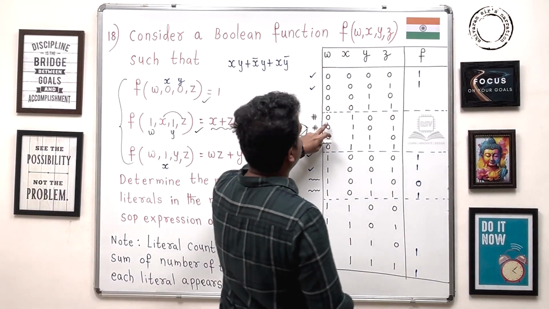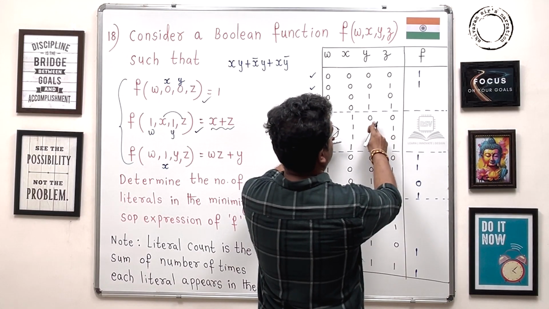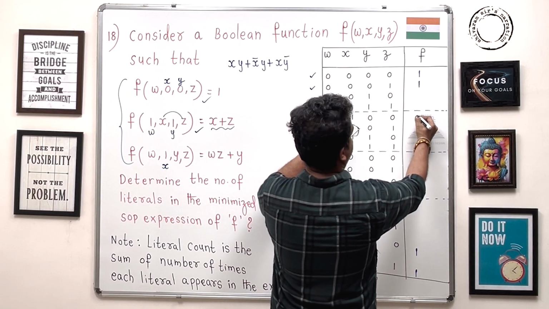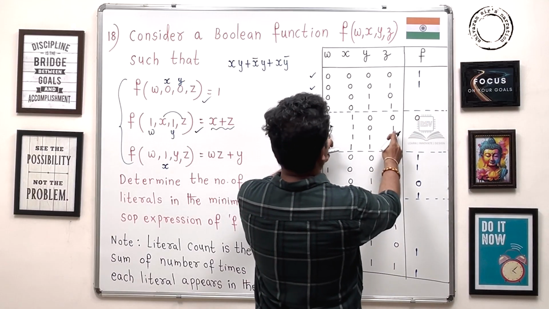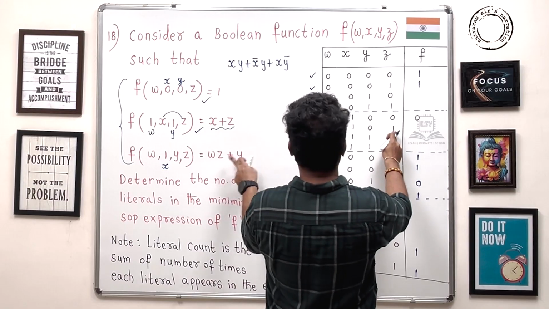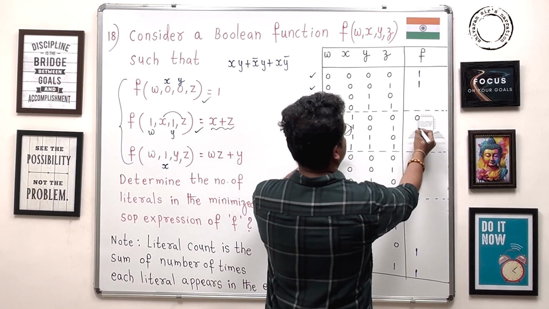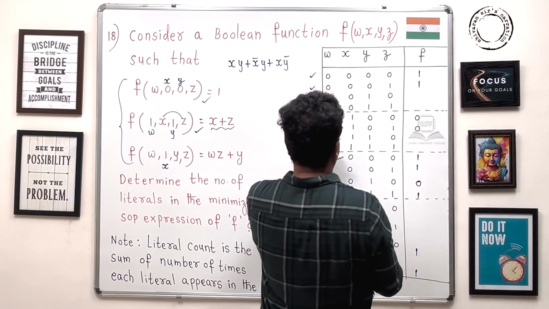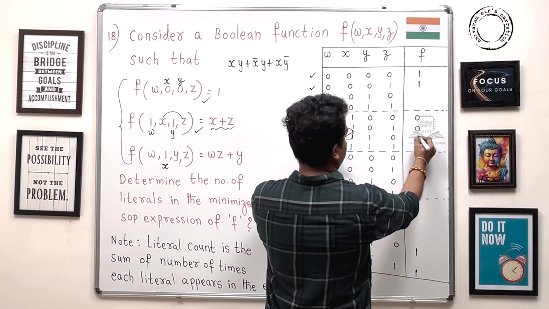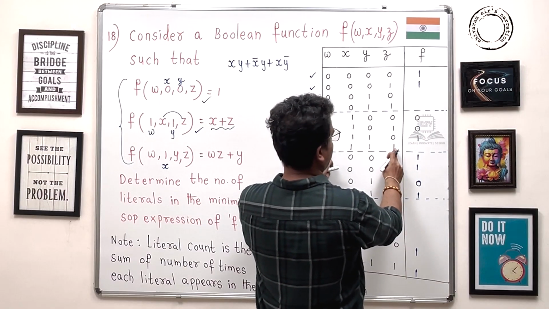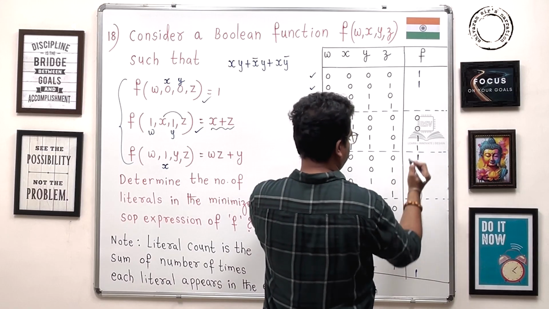So here wz: 0 into 0 is 0, plus 0 is 0. Again here 0 into 1 is 0, plus 0 is 0. Again 0 into 0 is 0, plus 1 is 1. Again 0 into 1 is 0, plus 1 is 1.